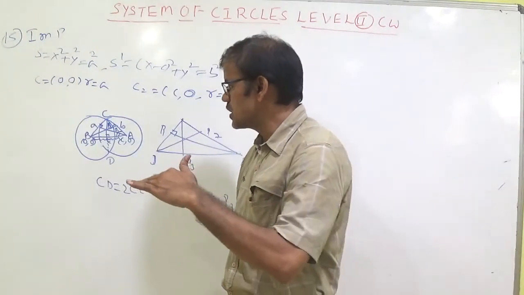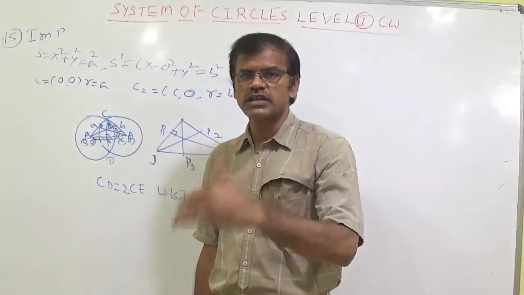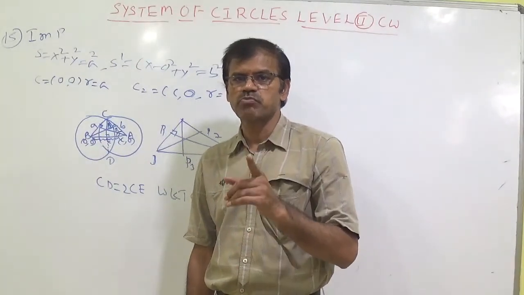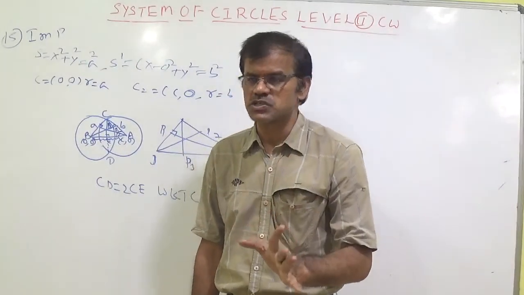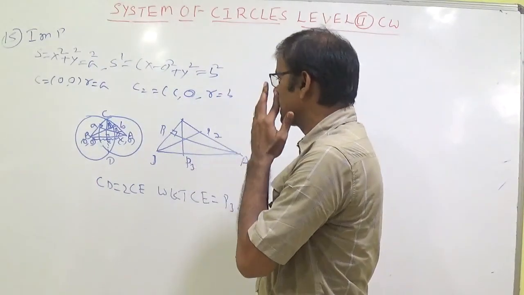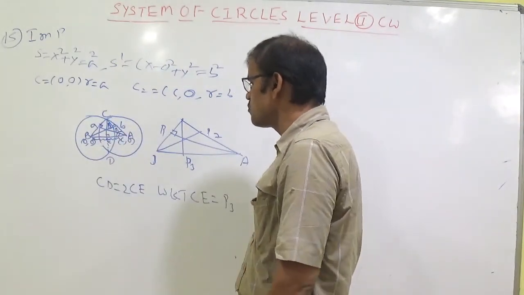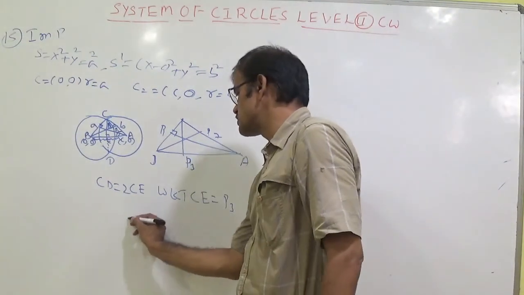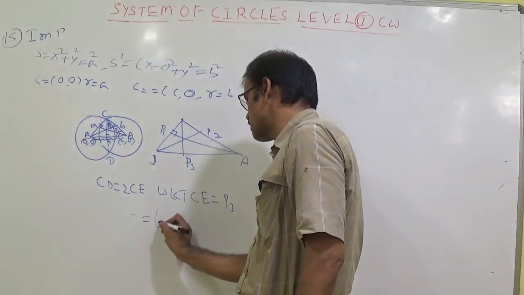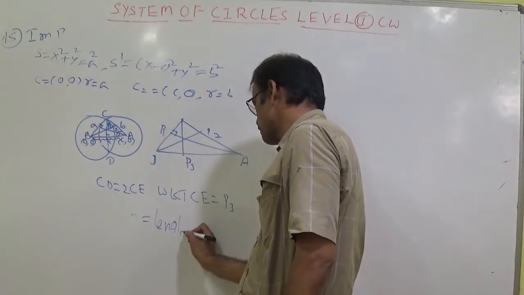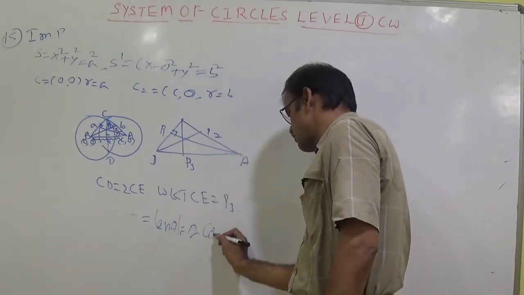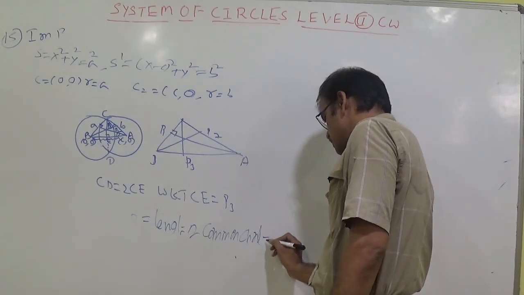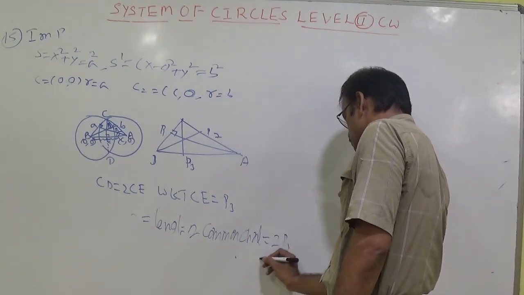What is E here? The midpoint of the line joining the centers. The common chord or radical axis is always perpendicular to the line joining centers. So we can say easily that CE is P3. CD is the length of the common chord. The length of the common chord is equal to 2P3.